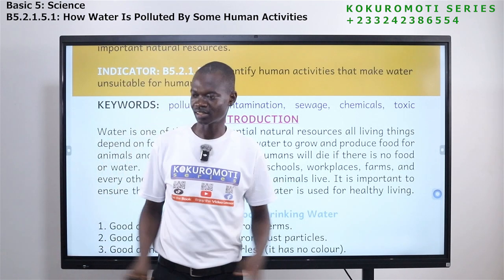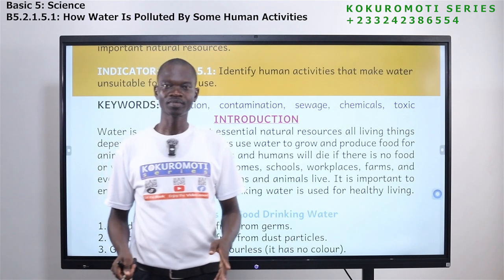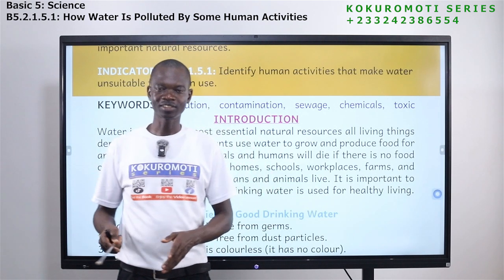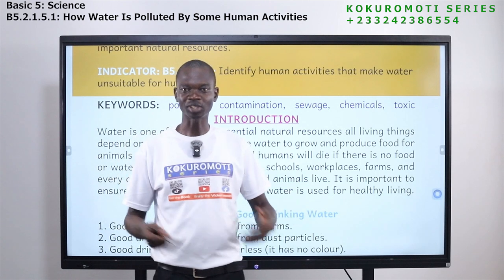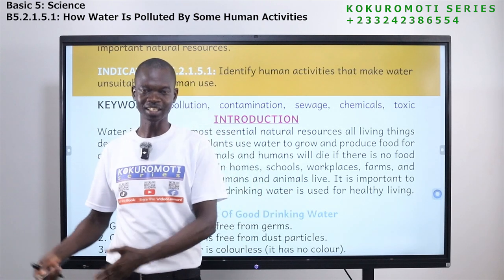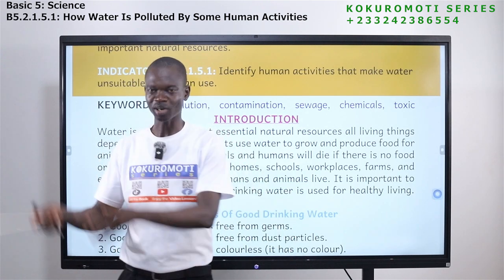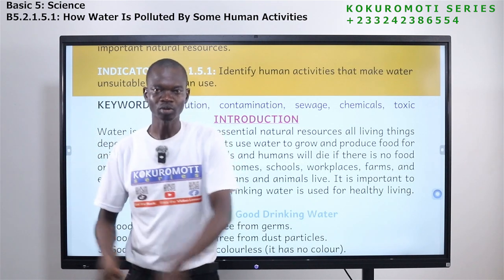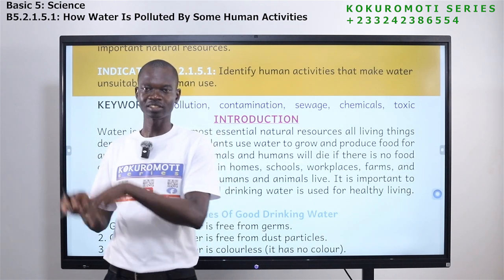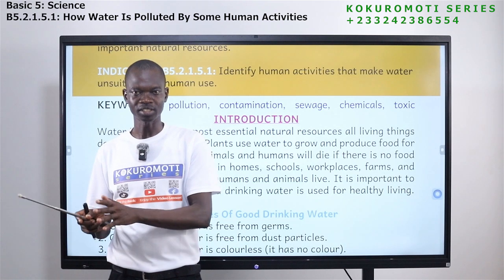Let's say this is a factory. Through our activities, we generate waste, and the waste comes out in the form of water. The waste is discharged, allowed to flow outside. That is sewage.